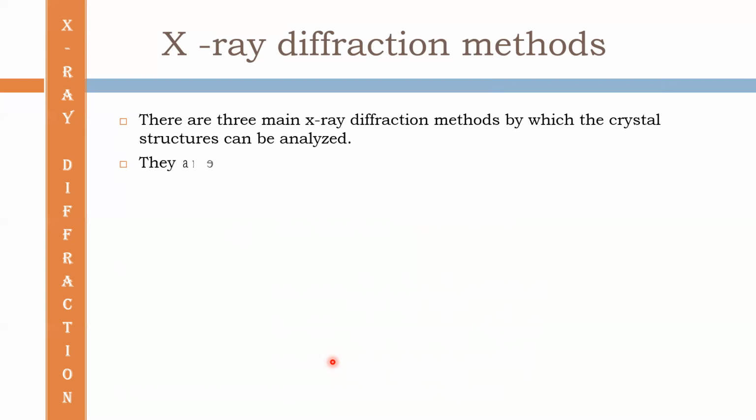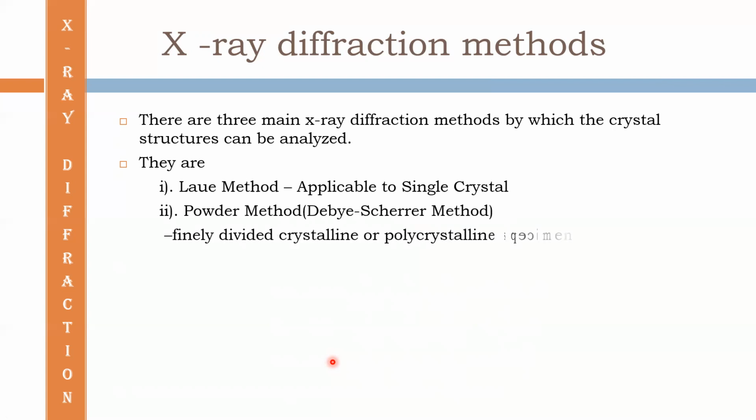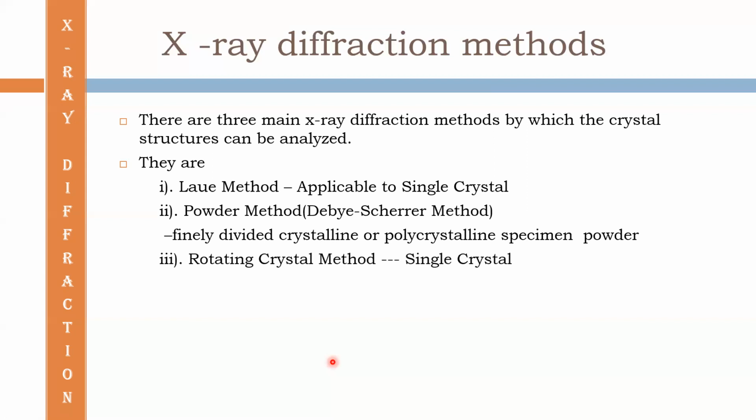They are the Laue method, applicable to single crystal; the powder method, or Debye-Scherrer method, where finely divided crystalline or polycrystalline specimen powder is used; and the third is the rotating crystal method, which is for single crystal.